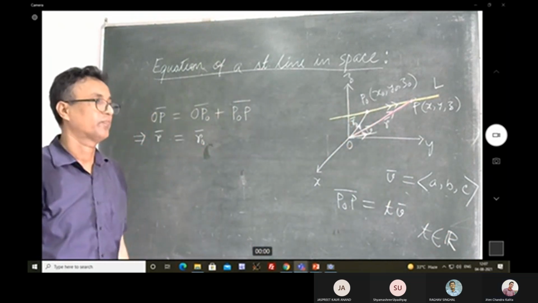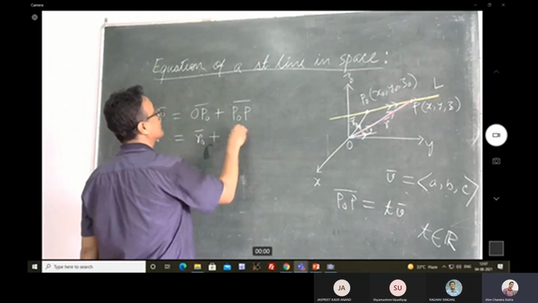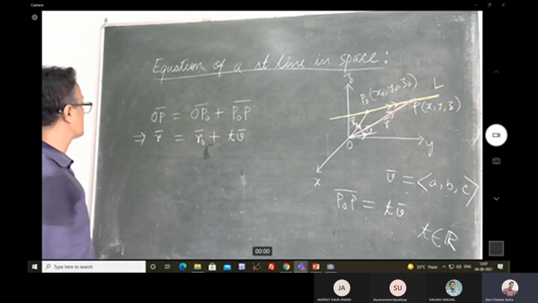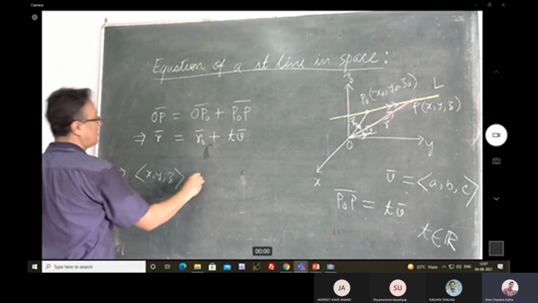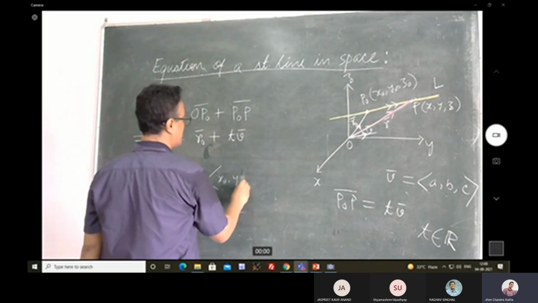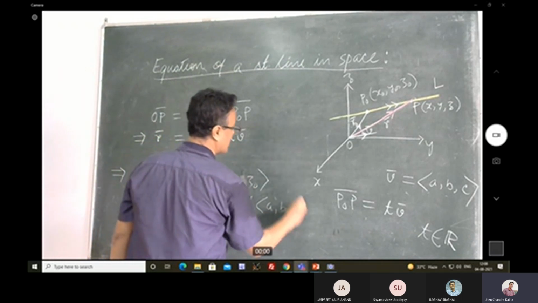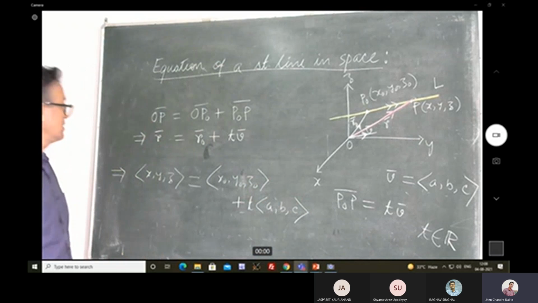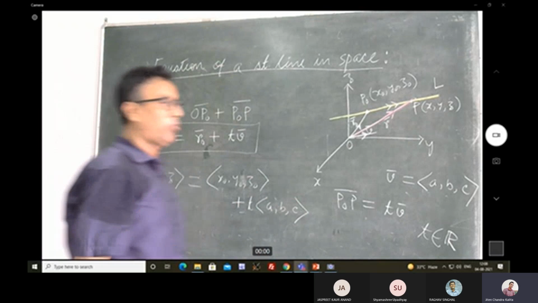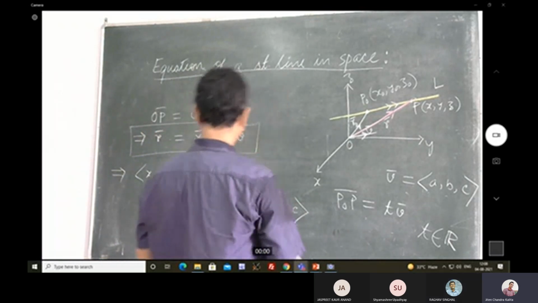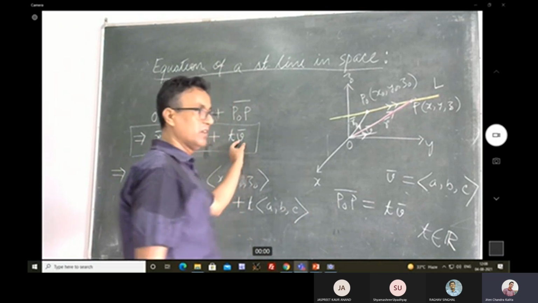So if you want to break it down, R is x, y, z, R naught is x naught, y naught, z naught, and V is A, B, C. In fact, this is the vector equation of a straight line passing through the point P naught, whose position vector is R naught, and parallel to a vector V.